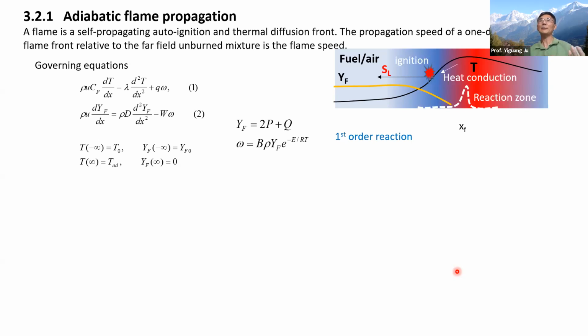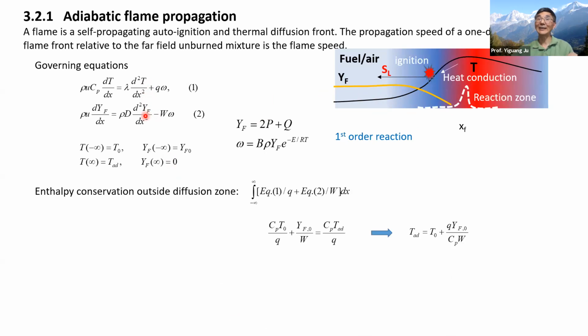So you look at the flame theory. You probably took the class from Professor Paul Clavin, but I don't want to get into too much detail. You just say that you have a flame front, from upstream to the burned state. If you write down the conservation equations for temperature and the fuel, and then add these two equations together, they cancel the reaction, and you get that the adiabatic flame temperature is a function of fuel concentration and heat release.